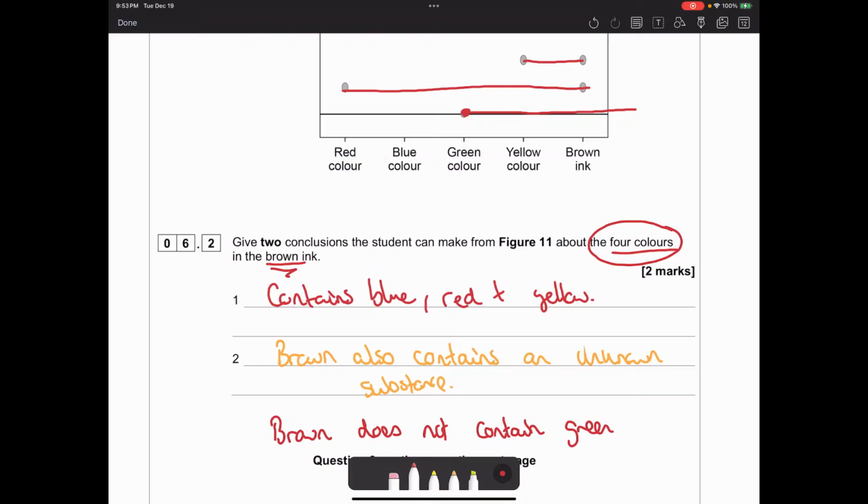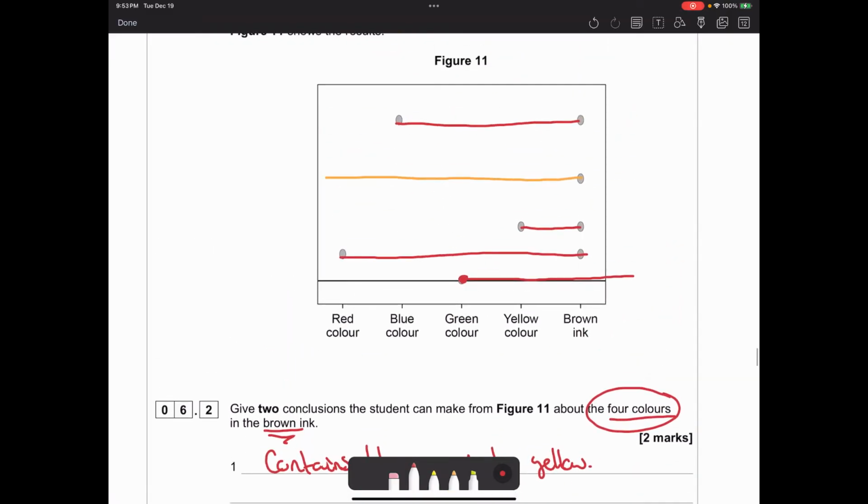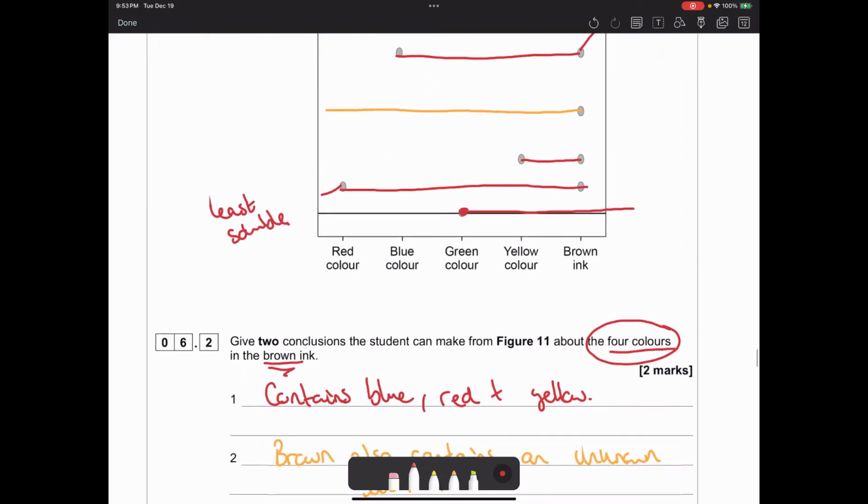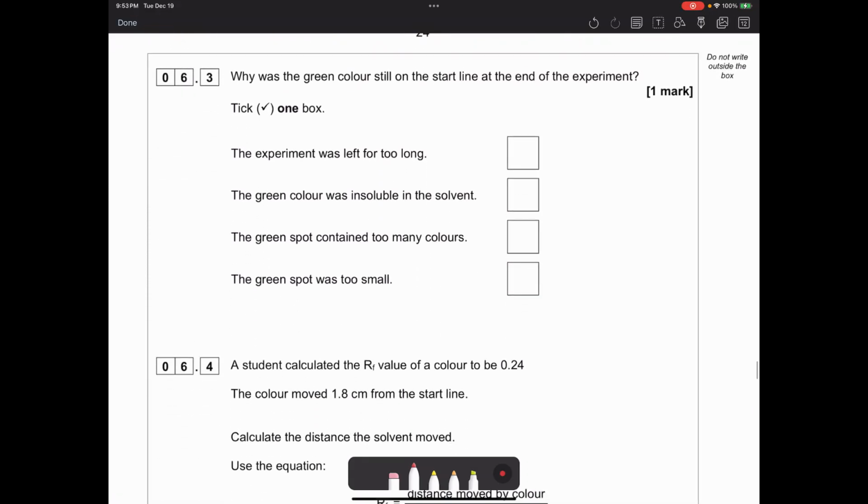You are actually also allowed to say about the blue colour being the most soluble because it's travelled up the furthest. So blue is the most soluble, that would get you a mark. And you could say that red is the least soluble. But I would always start off by comparing what dots are at the same height as your first point.